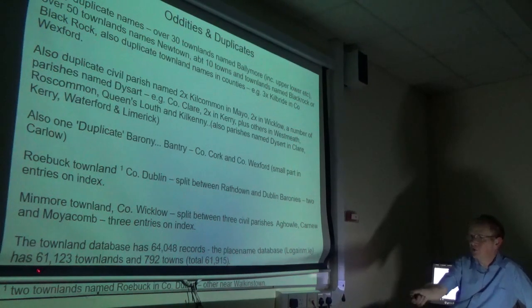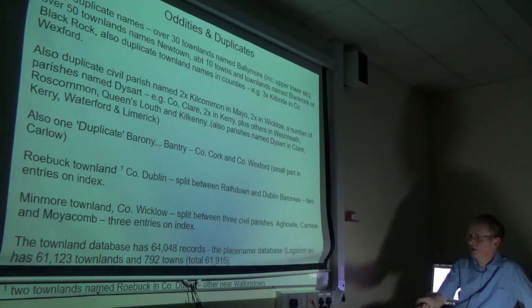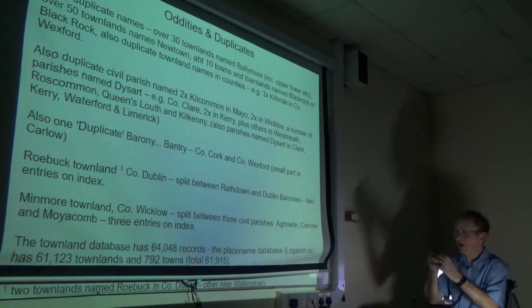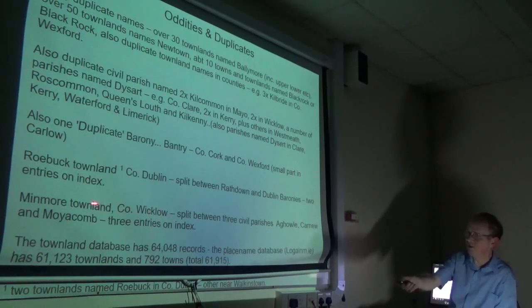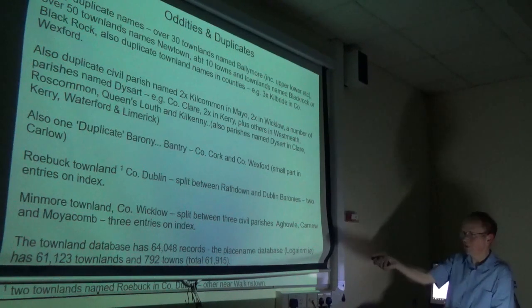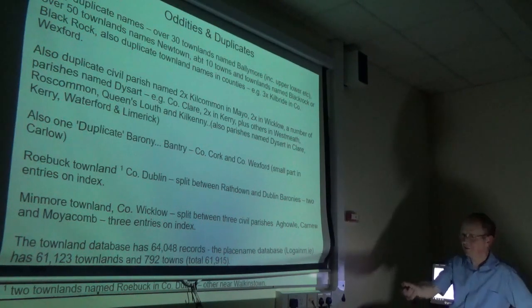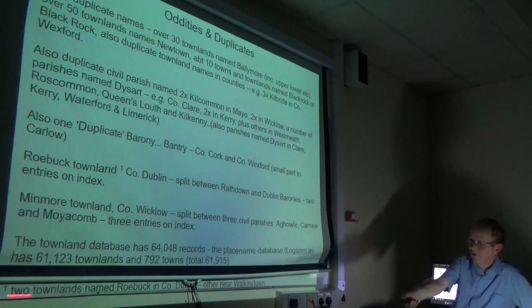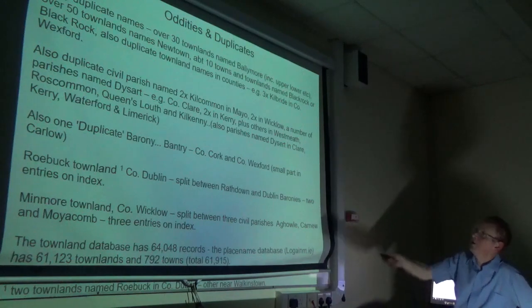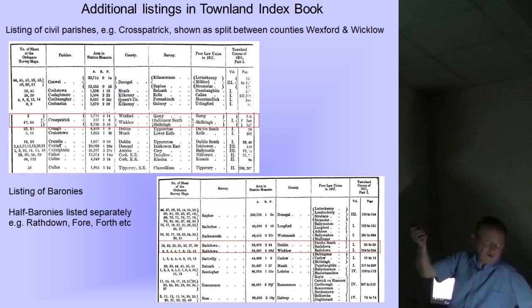They have come up with a total of 61,000 townlands and 792 towns. Because they amalgamate those, if you look at Minmore on their database, it gives you a single entry with 3 civil parishes, not like the Townland Index. And that's just to say, there are 2 townlands called Roebuck in County Dublin, the other one is not the one I'm referring to here.